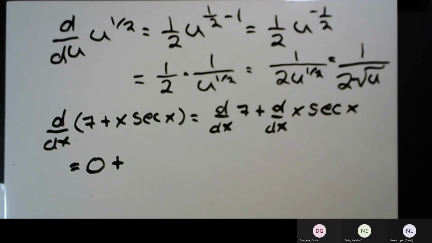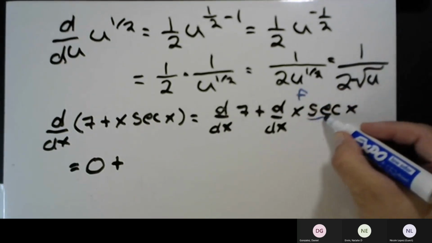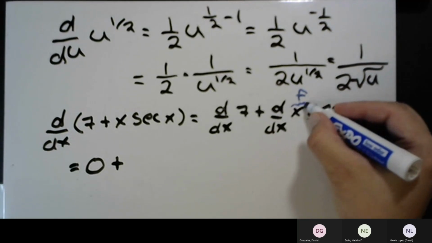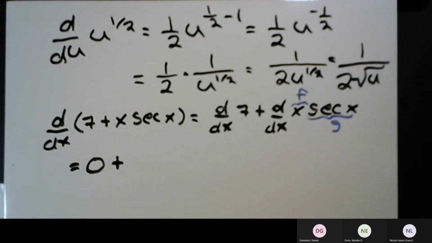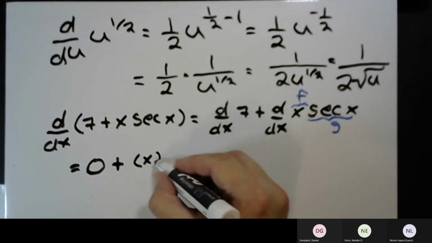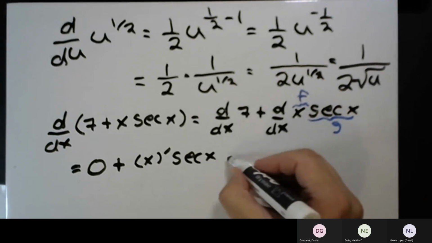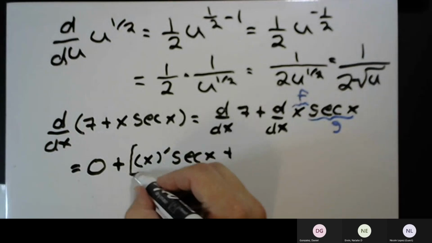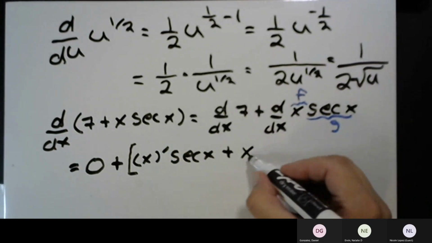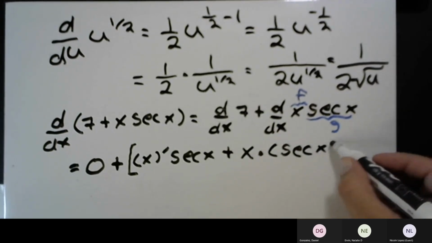And what we can do, this here could be f, and this here, that can be g. And so if the product rule is f prime, so you have x prime times g of x, or secant x, plus, I'll put this in brackets because we're doing our product rule here, plus f times g prime, which will be the derivative of the secant of x.